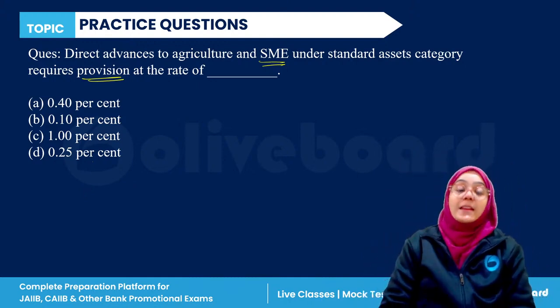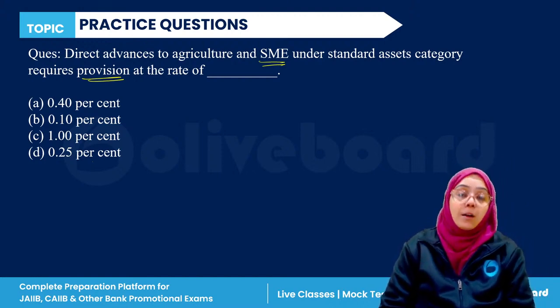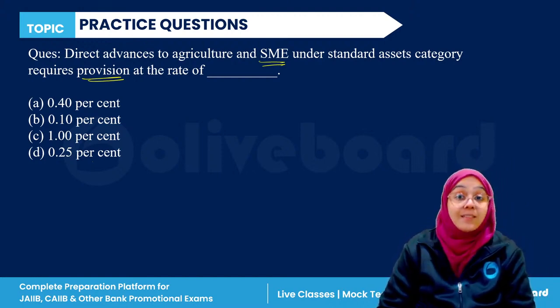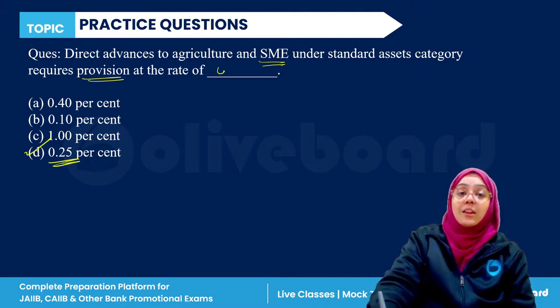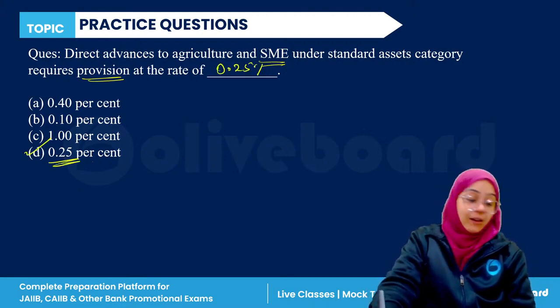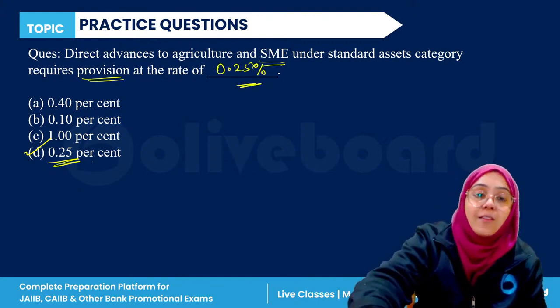Direct advances given to agriculture and small and micro enterprises in the standard asset category require a provision of 0.25%. D is the correct answer here.